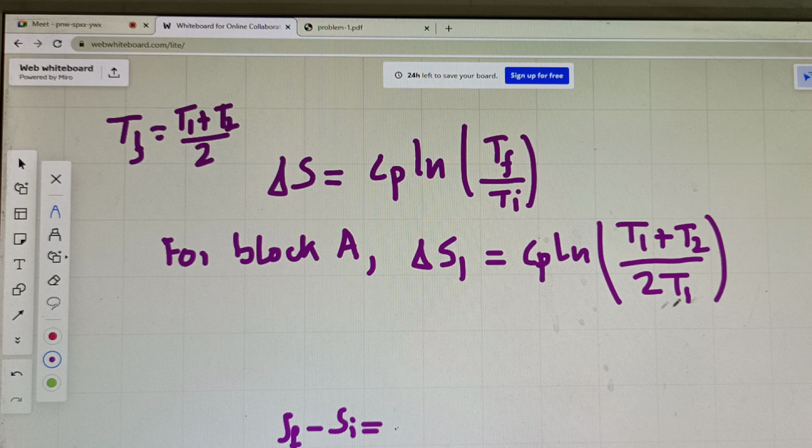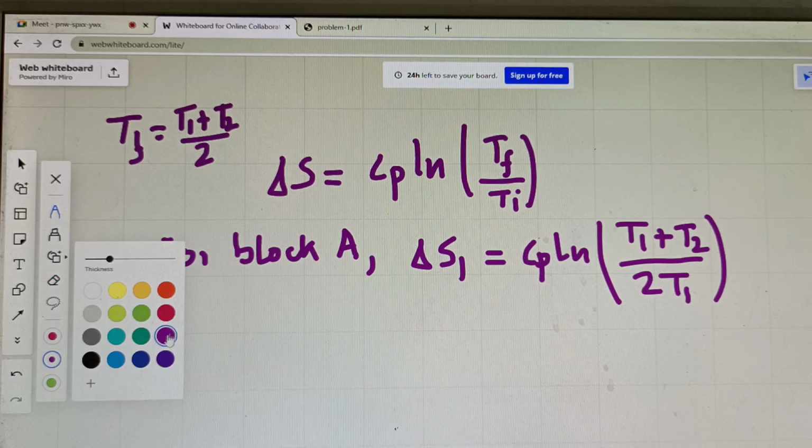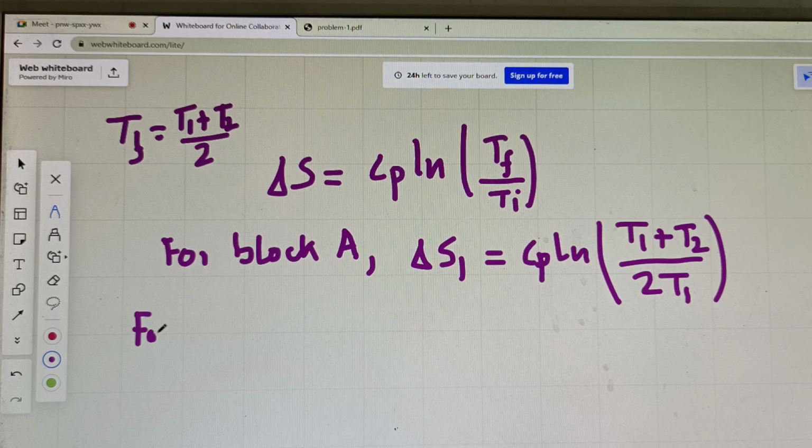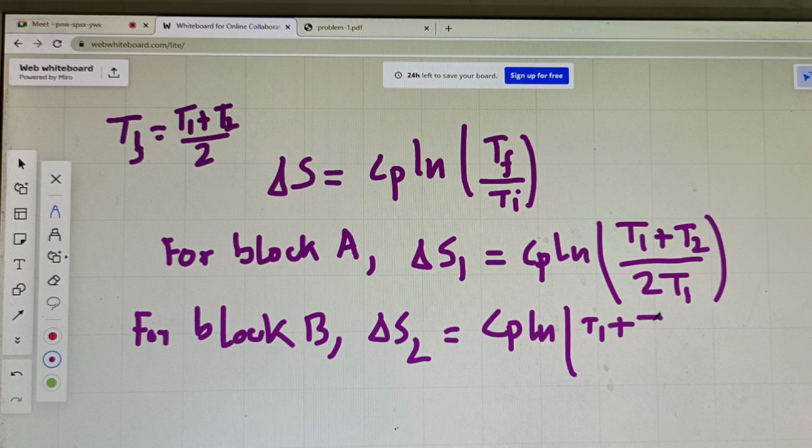So this is the expression of entropy change for block A. And for block B, similarly delta S2 is equal to Cp ln, the final temperature being T1 plus T2 by 2, and the initial temperature for block B being T2.